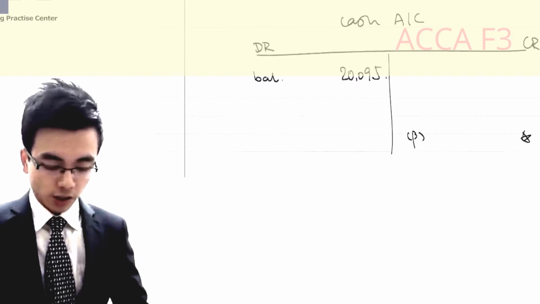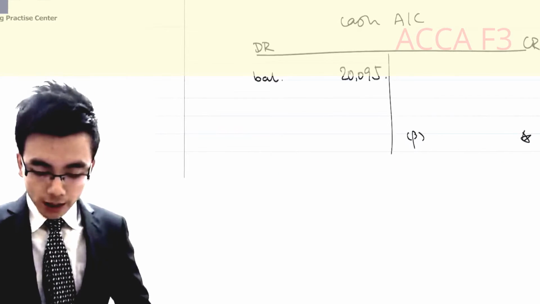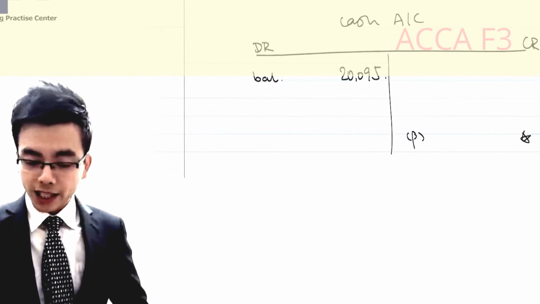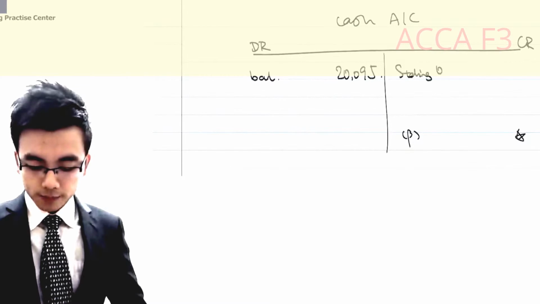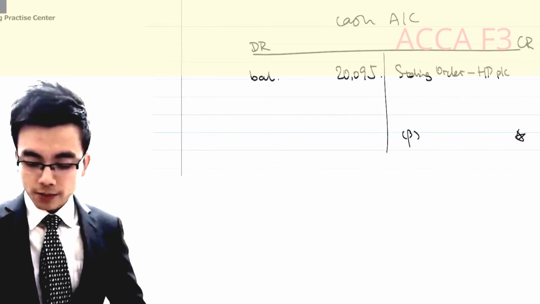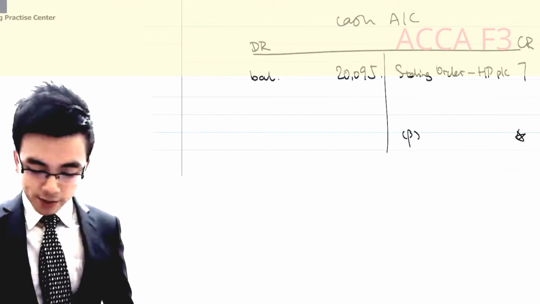So we need to credit that, so this is related to the standing order of HP PLC worth 750.